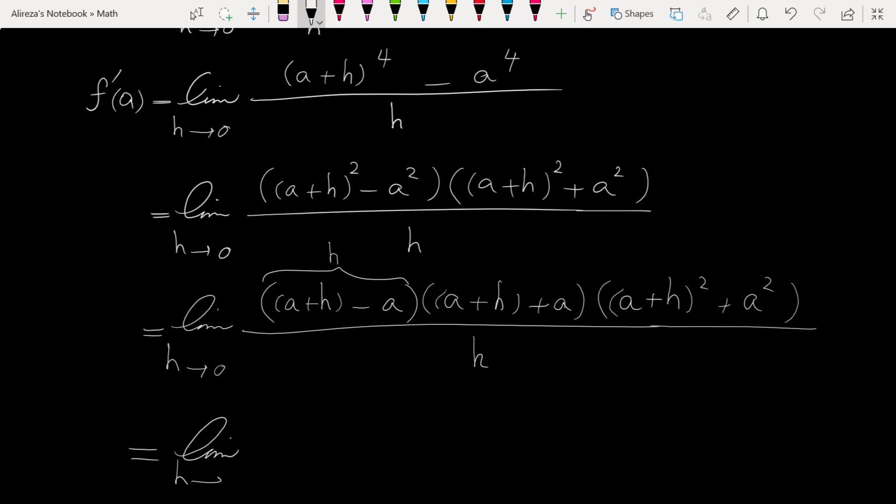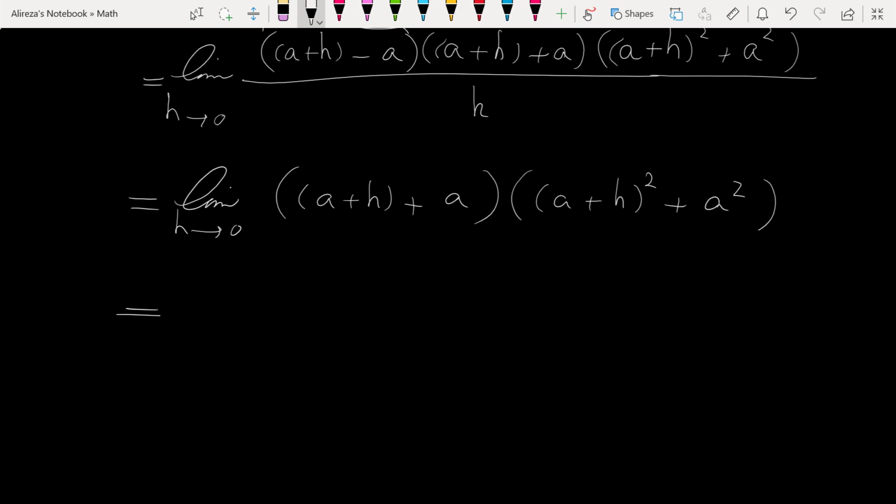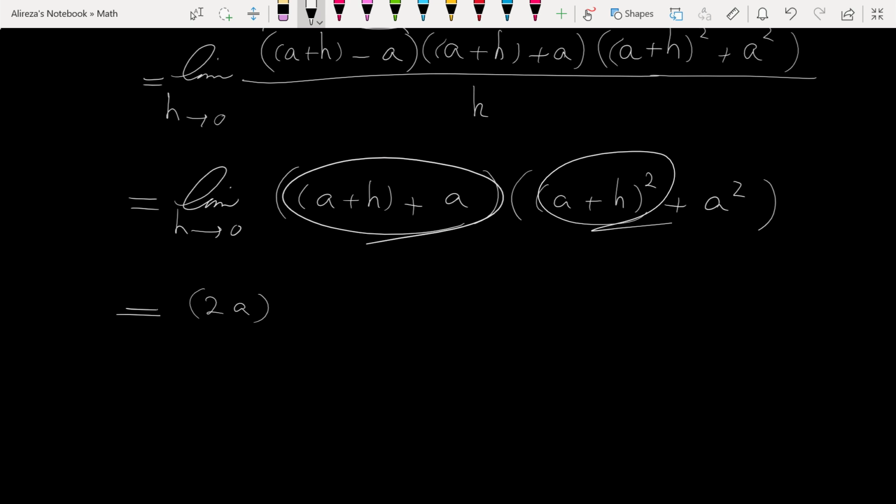In the numerator we have a plus h plus a times a plus h to the 2 plus a to the 2. If we substitute 0 for h, this bracket is 2a. The other bracket would be a to the 2 plus a to the 2, 2a to the 2, and it equals 4a to the power of 3.